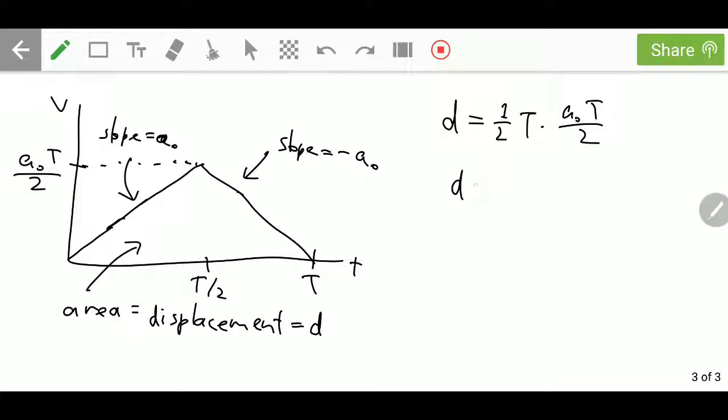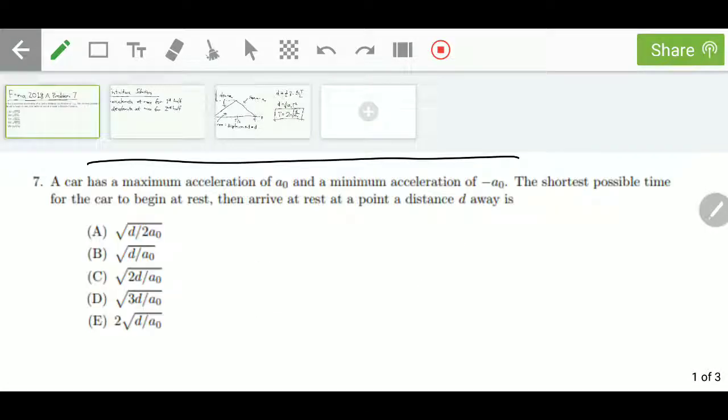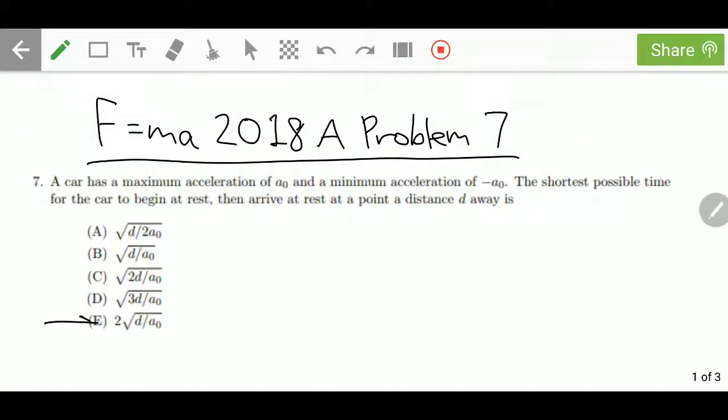And so we get d equals 1/4 a naught T squared, and just solving for T, we get 2 times the square root of d over a naught. And going back to our original options, we will see that E is the correct choice.